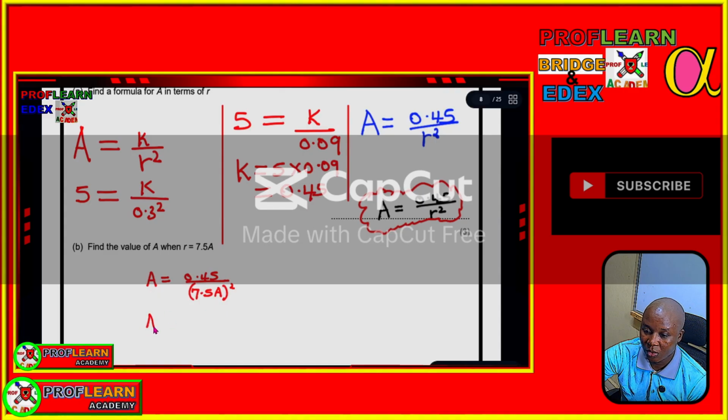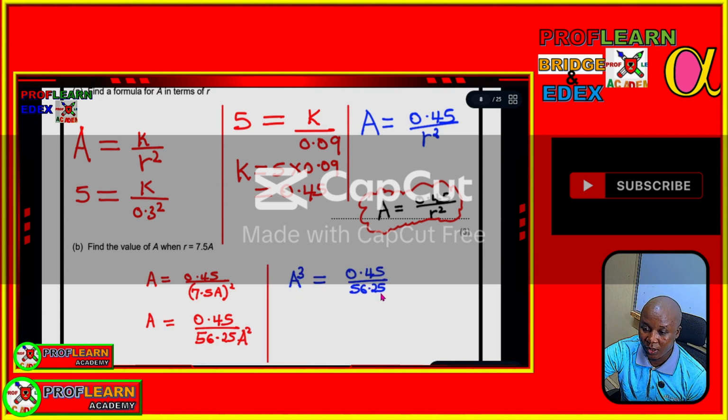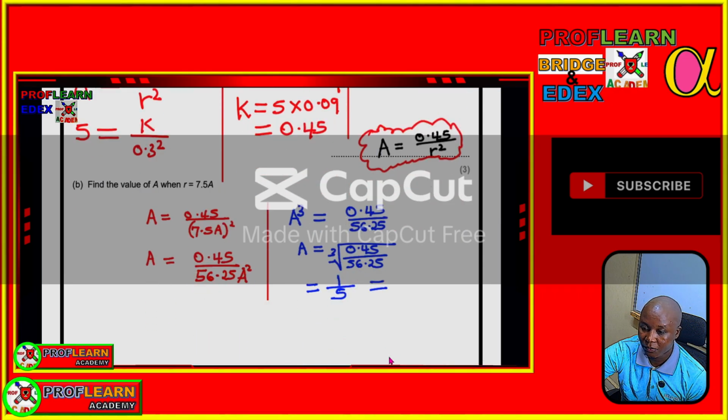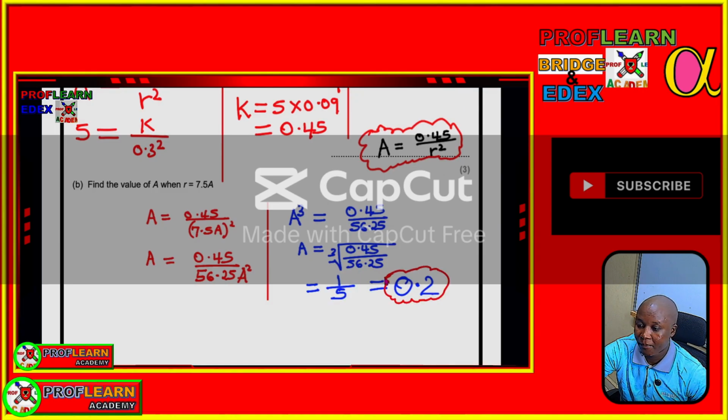We shall multiply both sides by the denominator so that we can put the like terms together, and that is going to translate to a cubed is equal to 0.45 over 56.25. And if you work it out by finding the cube roots of both sides, we're going to get our value of a translating to 1 over 5, which is the same as 0.2 as the value of a in that case.